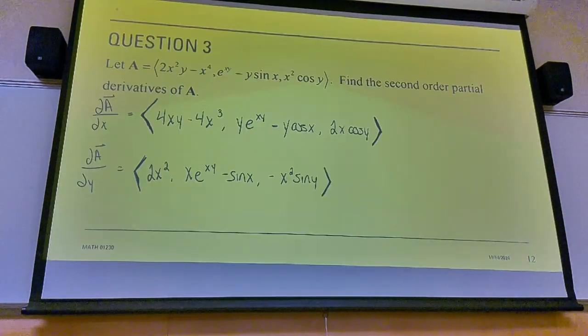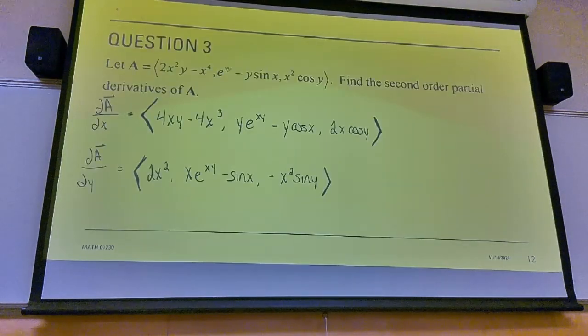We can now use these to find the second order partials, right? So let's first do partial of A with respect to x twice. First component. Eight xy minus 12x squared.